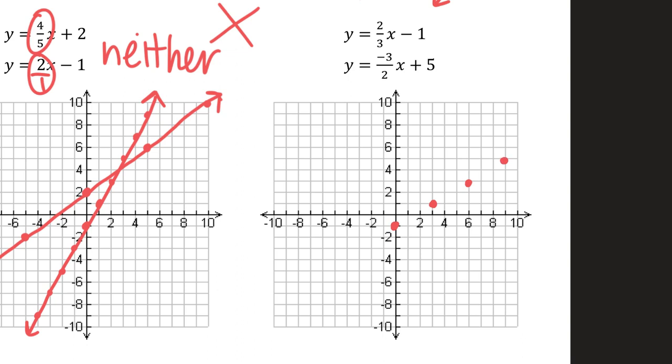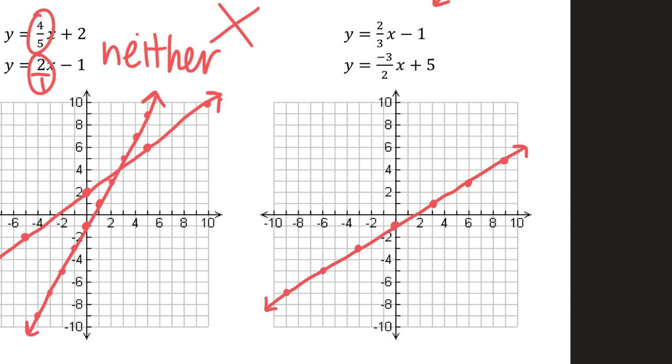Since I ran out of graph, I'm going to do the opposite, and I'm going to go down 2, left 3, until I run out of graph. Down 2, left 3, and I got a perfect line, so I'm going to connect my dots and put my arrows on the ends.